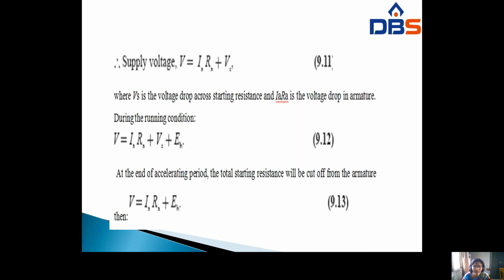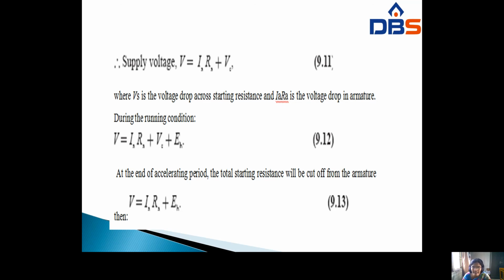So the supply voltage applied to switch on the motor is V equal to Is Rs plus Ia Ra. Here Vs is nothing but the voltage drop across the starting resistance, which you connect at starting in series with the armature, and Ia Ra is the voltage drop in the armature.